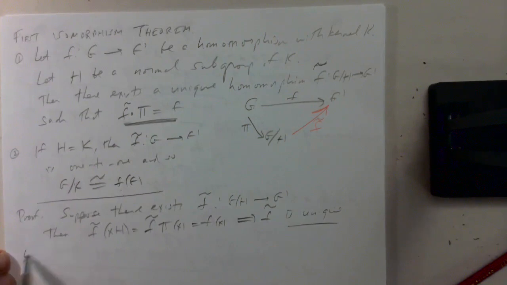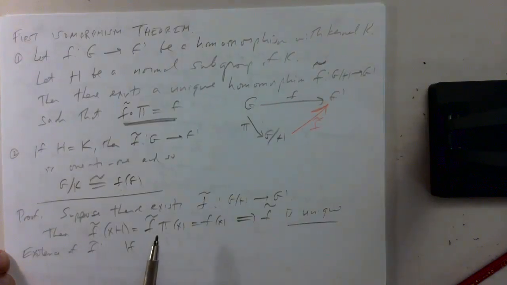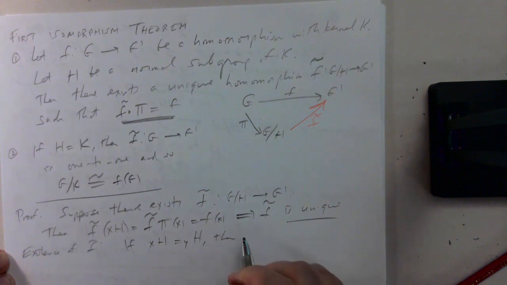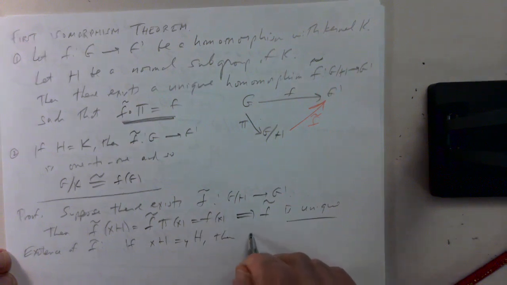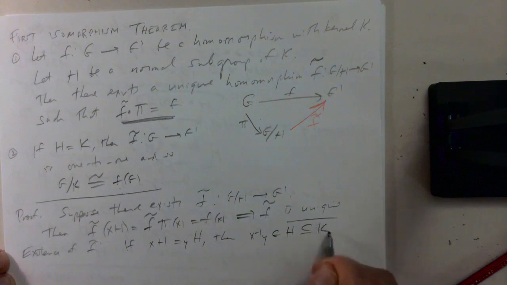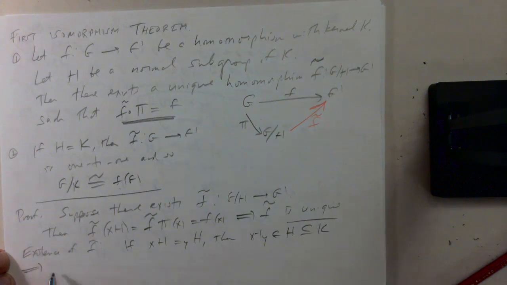But how do we prove existence of f tilde? Well, we have to define a function on cosets of H. So if xH is equal to yH, what does that mean? That means that x inverse y is in H, and H is contained in K, which is the kernel.